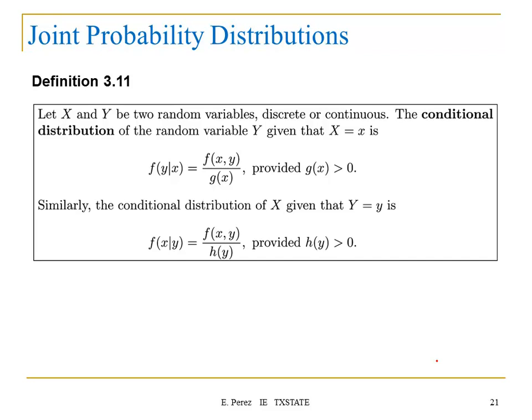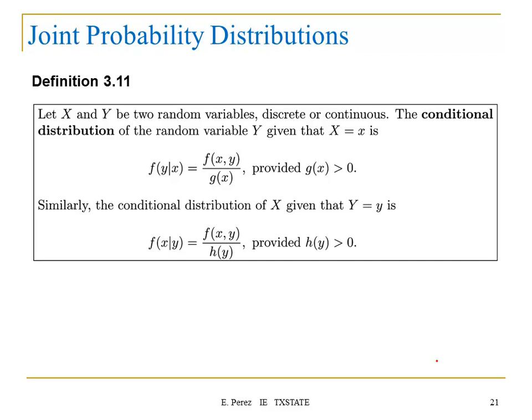So the formal definition: if you have two random variables, x and y, discrete or continuous, the conditional distribution of the random variable y given x equals x is given by this expression, which is the density function of y given x. You can find it using the joint distribution of x and y given the marginal distribution of x.